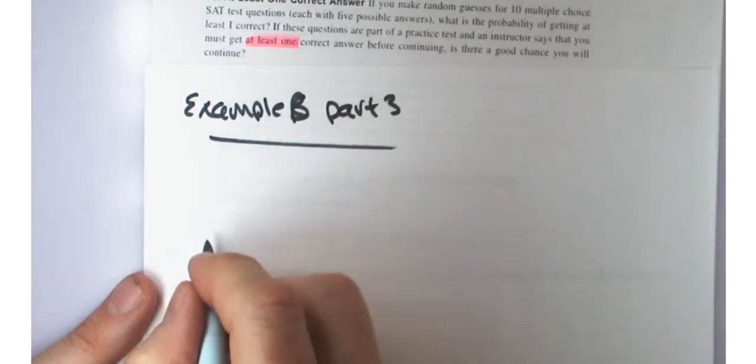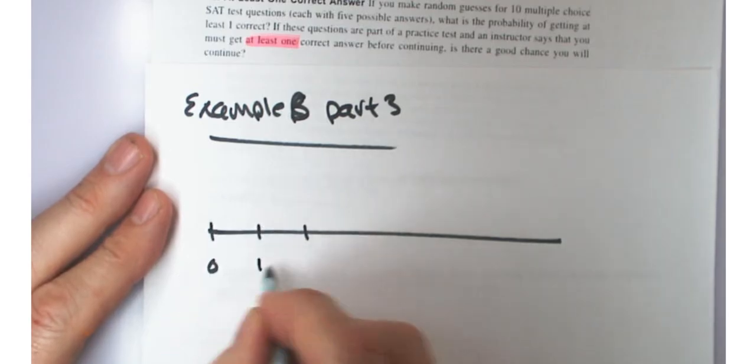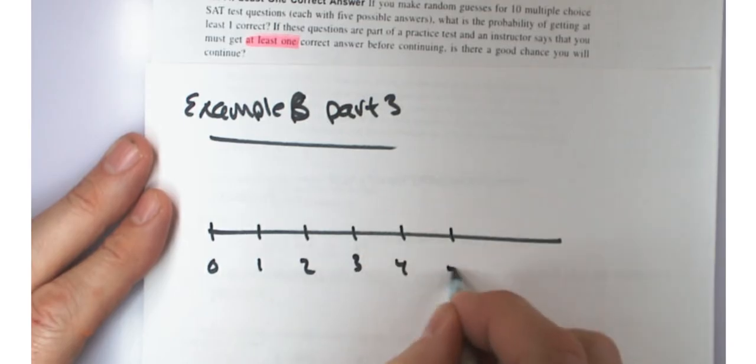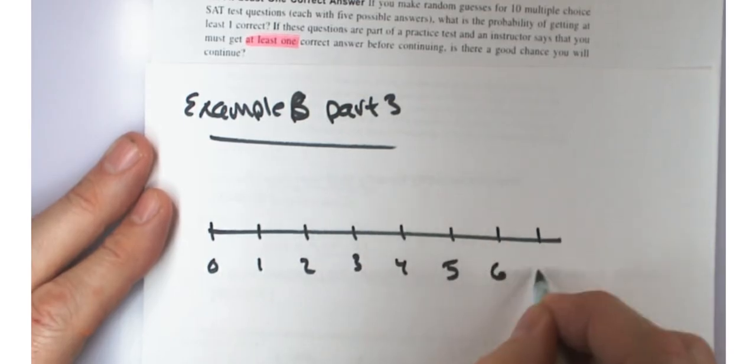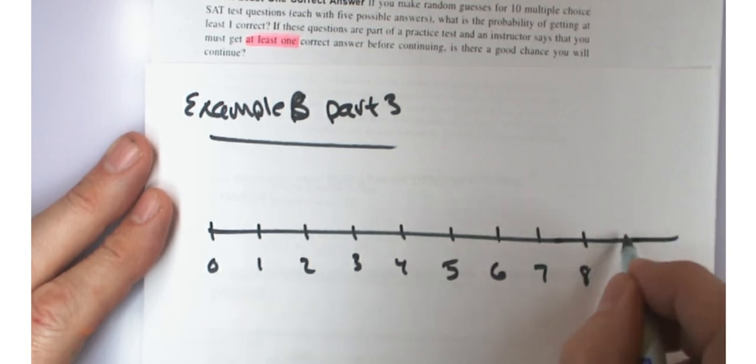Let's take a look at the number correct that you can get on an SAT test when you're looking at 10 questions. 0, 1, 2, 3, 4, 5, 6, 7, 8, 9, and 10.